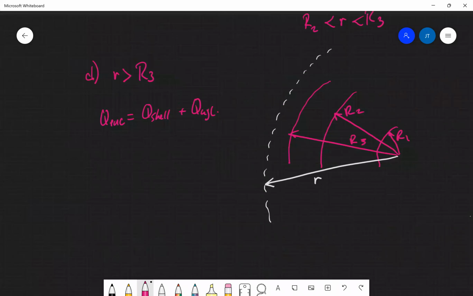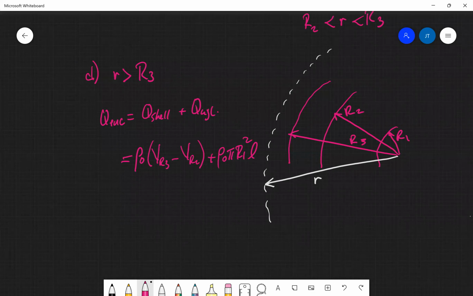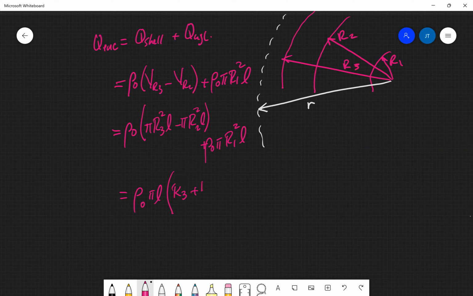So this will be rho 0 times the volume at R3, the big volume, take away the volume at R2, plus rho 0 pi R1 squared L. The volume at R3 is pi R3 squared L, and the volume at R2 is pi R2 squared L. So take out L pi rho 0, and I have R3 squared plus R1 squared minus R2 squared.